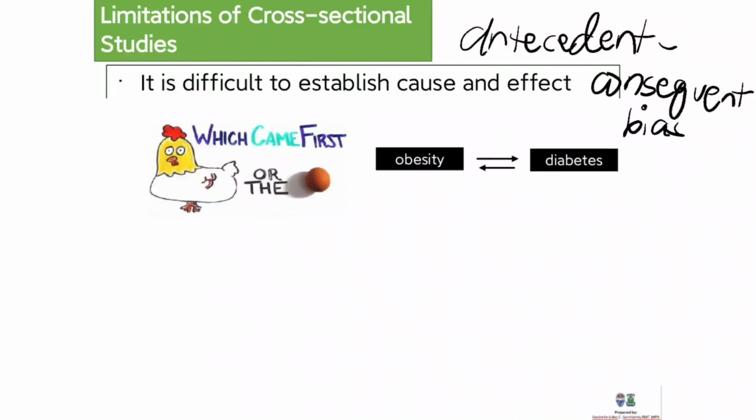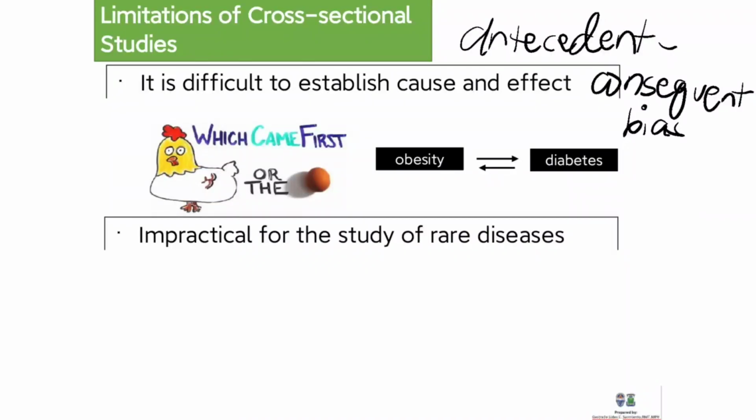So there is a case-to-case basis. Yes, may mga population na nag-develop ng diabetes because they are obese, no? Meron din namang mga obese person na walang diabetes. Meron din namang mga diabetic person na hindi naman obese. In fact, they are thin, no? So, napakahirap mag-establish ng cause and effect sa cross-sectional studies.